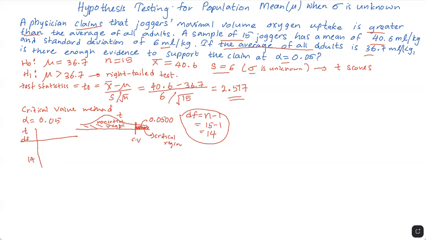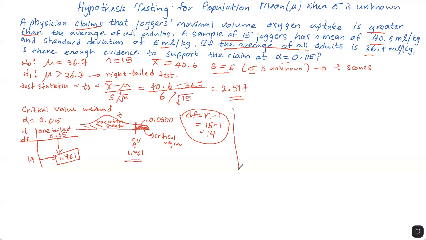And since we are in the right tail test, you look at one tail 0.05 here. And then you will see the number over here is 1.761. So this is your critical value. So we found our critical value.